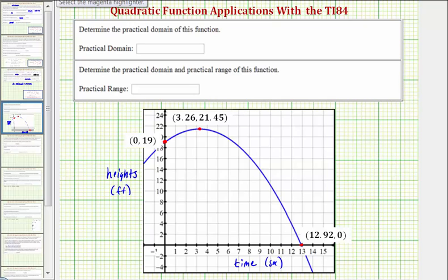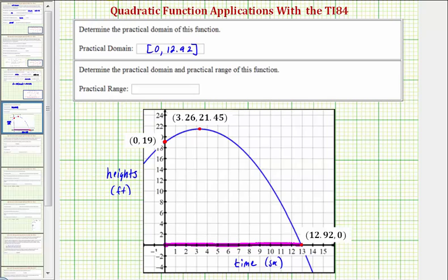Looking at the graph, notice how all the possible inputs would be from 0 all the way to the horizontal intercept of 12.92. So the practical domain is the closed interval from 0 to 12.92. Remember, these square brackets indicate that the endpoints are included.